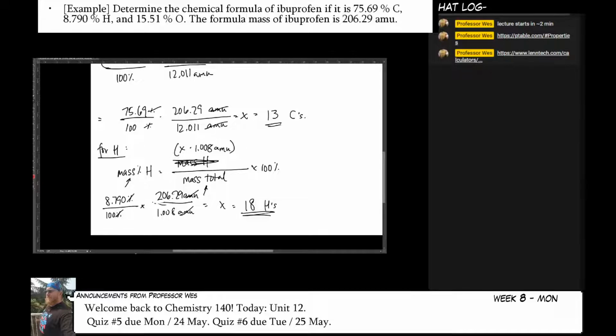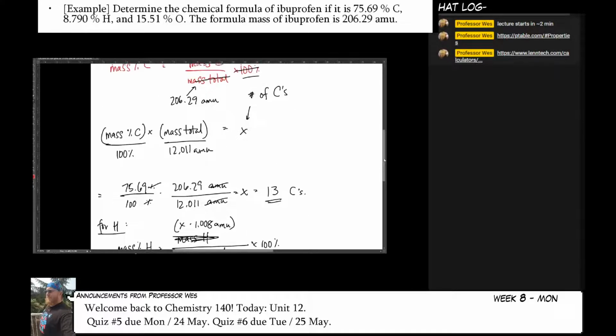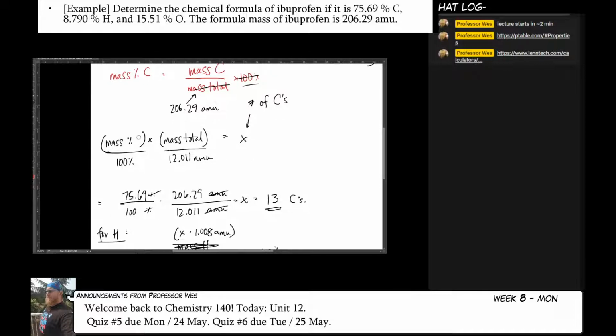And I can do the same thing with oxygen. We'll do that up here. We'll just replace this with for oxygen. And so the mass percentage of oxygen is 15.51. The mass total is still 206.29.